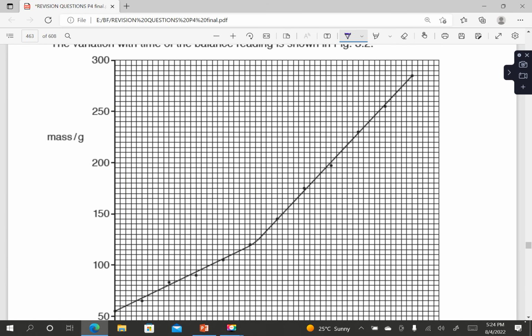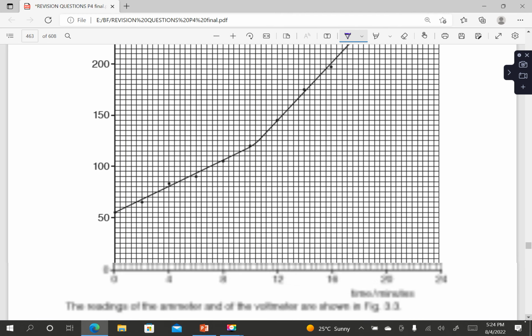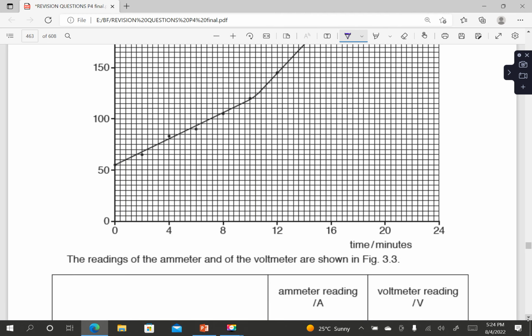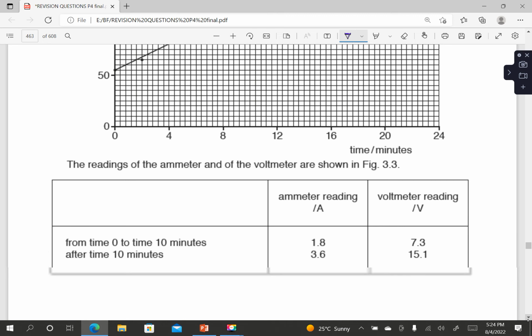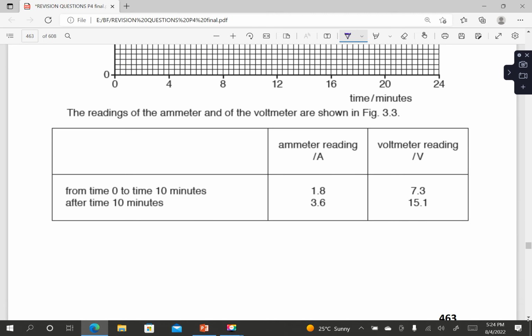So they have given us the variation of mass with time for the first 10 minutes and after 10 minutes. The readings of the ammeter and voltmeter are shown in the figure from t equals 0 to 10 minutes, and after 10 minutes they are shown here.